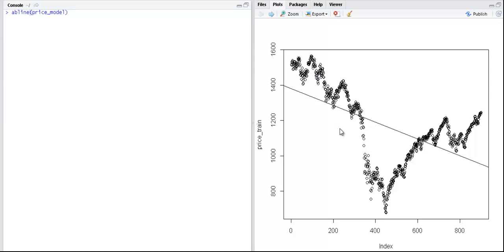So there are some of the issues involved when making forecasts. So here we just used a linear model. We fit it to a period of data and made a forecast.